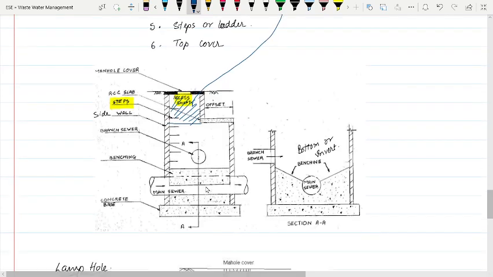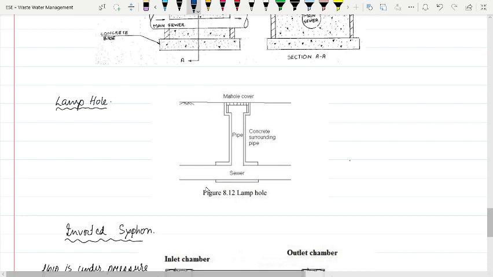Similarly, we have lamp holes. Lamp holes are used where we cannot provide manholes. We provide a simple shaft through which we can lower a light, so that if there is any blockage in the sewer pipe, we can detect it from the adjacent manhole.